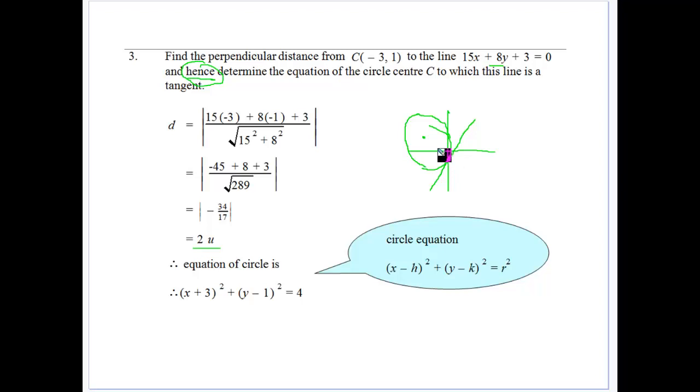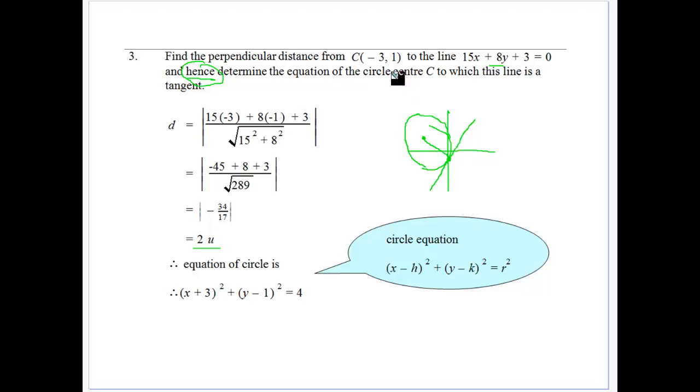Now where it just touches the circle, it actually meets the circle at the radius. If it's just touching the circle there, it would have the same distance as the radius, because the radius goes from the center of the circle to the outside of that circle.